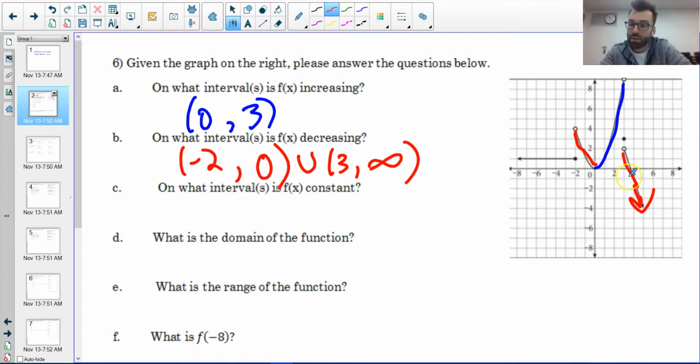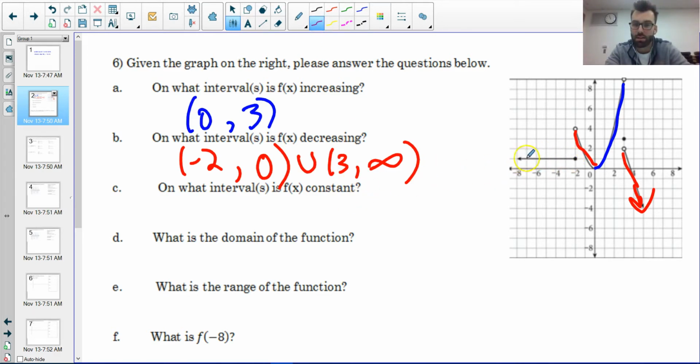Now I realize this function is pointing downwards. When we're talking about intervals, remember we are thinking about our x values. So as our function is decreasing, x is starting to get bigger and bigger and bigger and go on forever. Remember, we should not have any brackets on any of these numbers as well because we are not including them. We do not include.